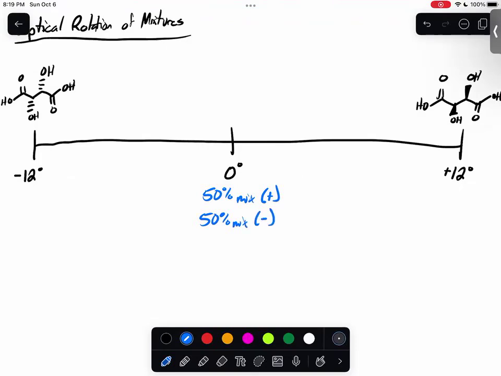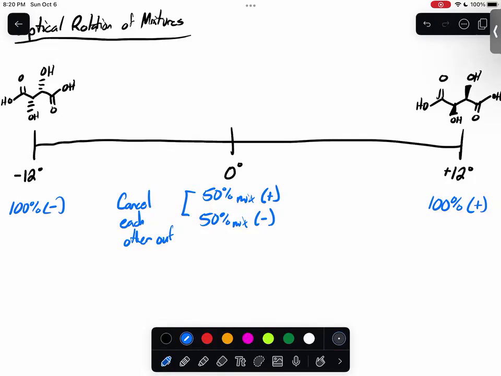Because essentially what they're going to be doing here in the middle is they cancel each other out, right? Versus on either side with that negative and positive 12, right? Over here on the negative 12 side, this is 100% minus, and on the positive 12 side, this is 100% of the plus, okay?